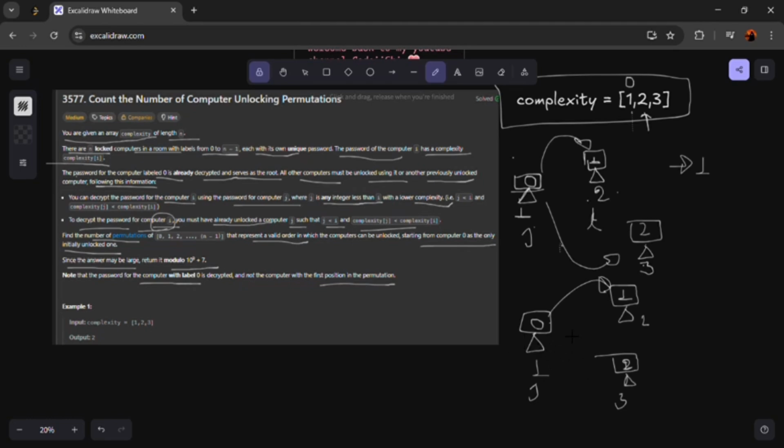After that we can decrypt computer 2 using computer 1, because the complexity of computer 1 is less than the complexity of computer 2. So this is another possibility. So the total number of possibilities is 2.